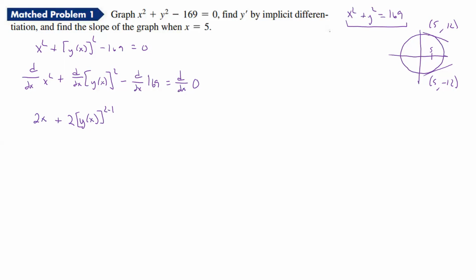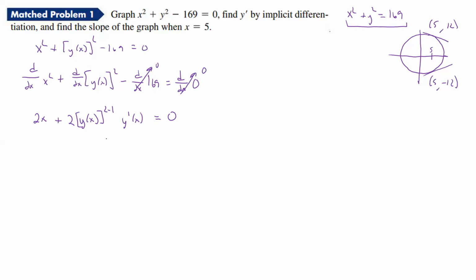And then we have to take the derivative of what's inside. Well, the derivative of what's inside, we're going to call that y prime of x. Okay. Now the derivative of 169 and 0 are both 0, so I'm not going to put plus 0. I'm just going to say equals 0 here. We could have a minus 0 here, and then that disappears, but let's leave it because we know that goes to 0 and that goes to 0.